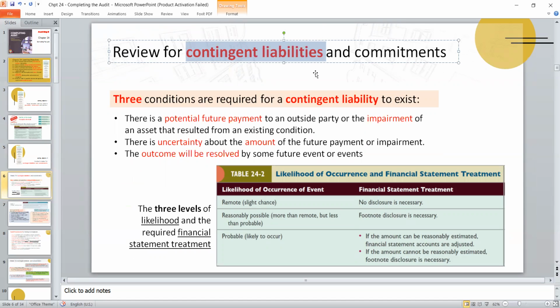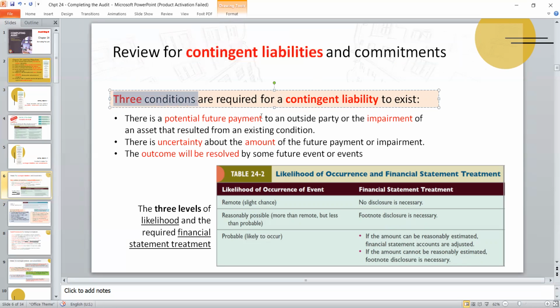It is a kind of liability that is pending in the future, after the balance sheet date, after 31 December, a liability that may possibly arise in the future. So let's take a look first at the conditions.